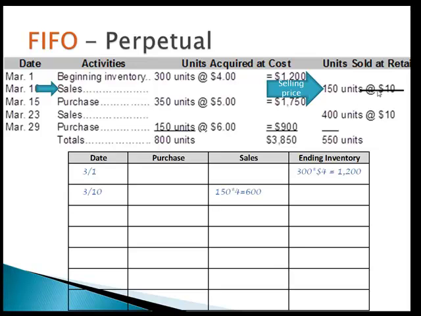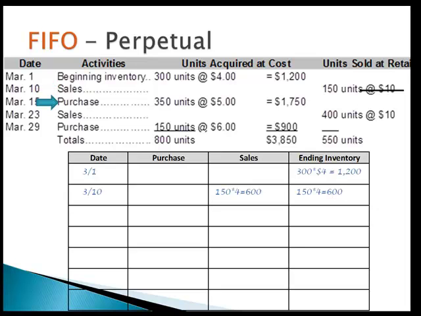The only inventory on hand as of March 10th is these units that cost $4. So 150 times $4, our cost of goods sold is $600. We have an ending inventory, 300 less 150 is 150 units times $4 is 600. Again, it might take you watching this a couple times to understand.